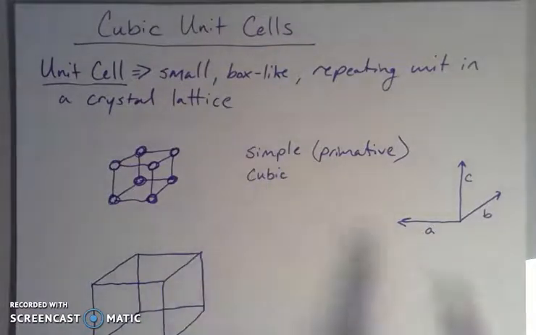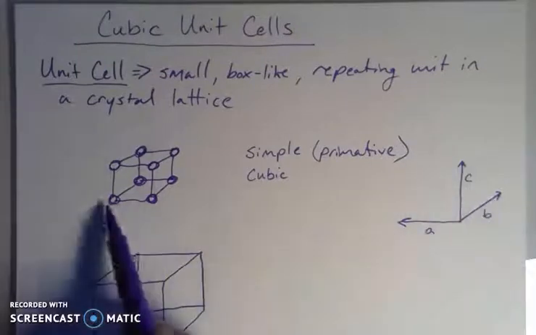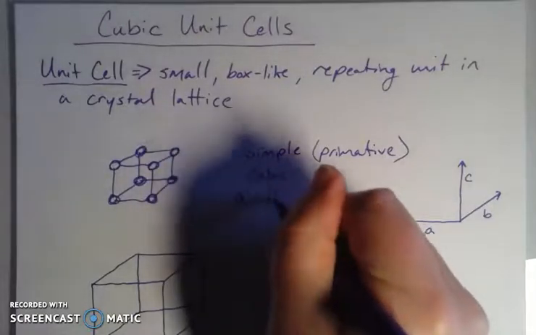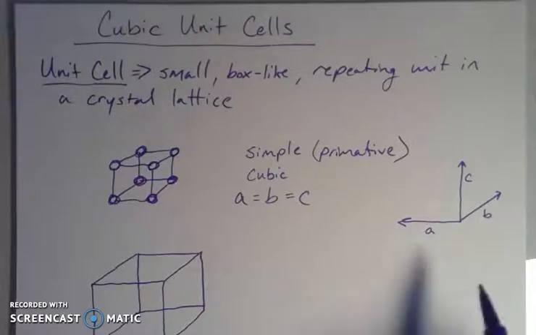So in a simple cubic system, here's my A, my B, my C, and they're all equal to each other in terms of length because it's a cube. A cube has equal length, width, and height. All of those side lengths are equivalent.